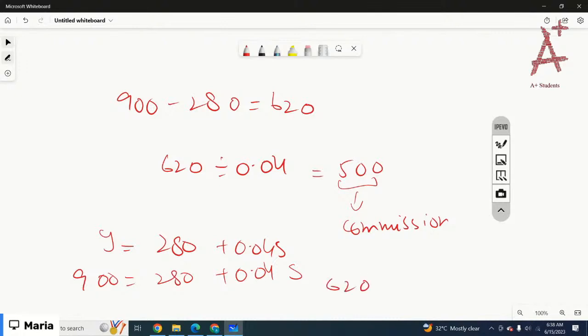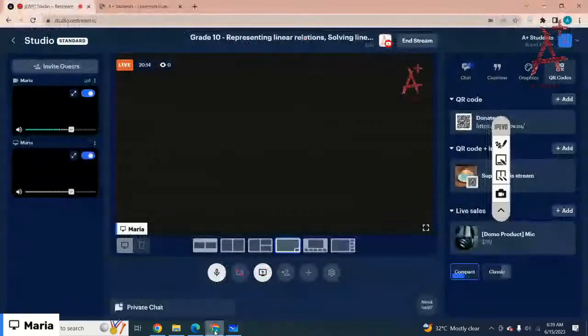It would be 620 equals 0.04 S. Divide both sides, 620 divided by 0.04. That would be 15,500 equals S. That means if he needs to earn $900, he has to make sales of $15,500. Got it? So the correct option is 15,500. Got it?